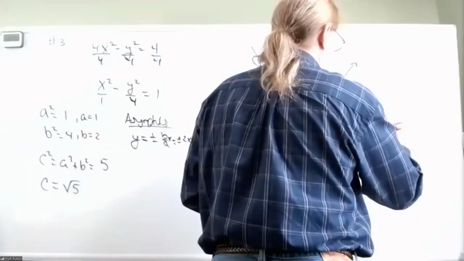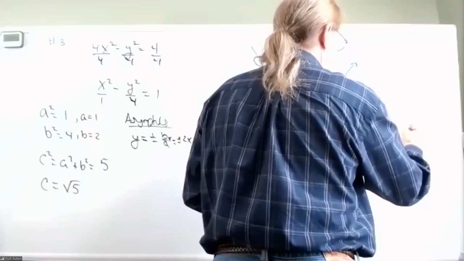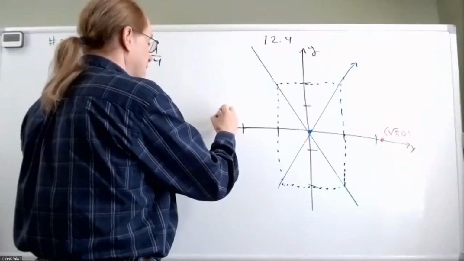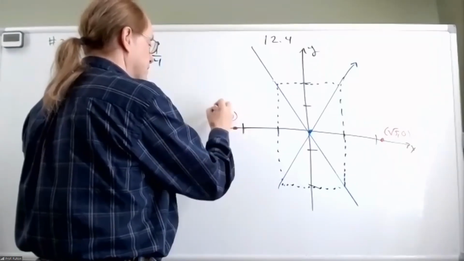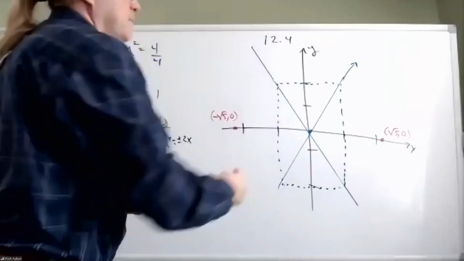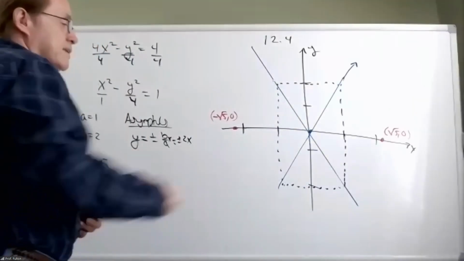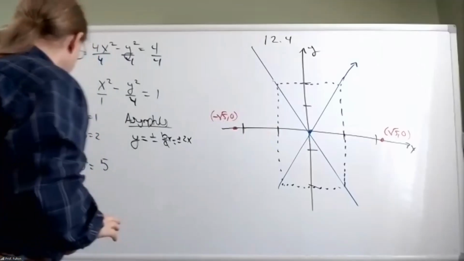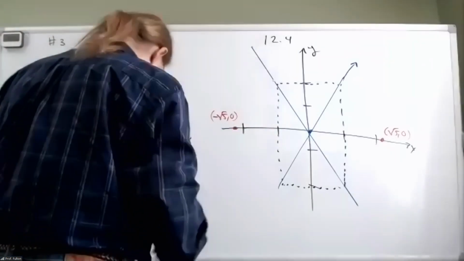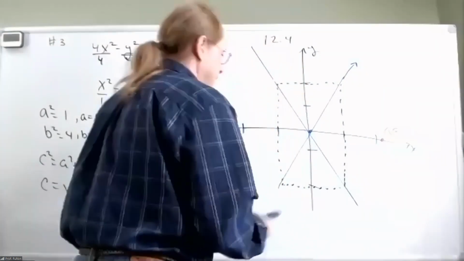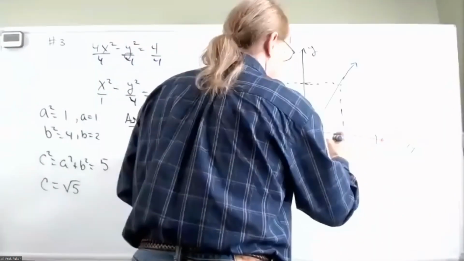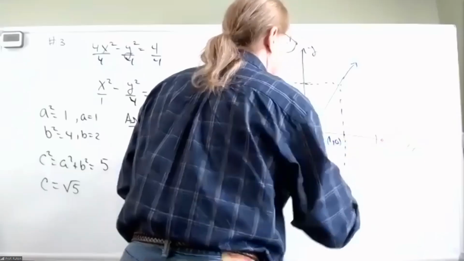So it's plus the square root of 5, 0, a little bit over 2 over here, and minus the square root of 5, 0. Those are the foci. And it's going to come through this way, and it's going to pass through my vertices at this location right here. So this is my minus 1, 0, and plus 1, 0.